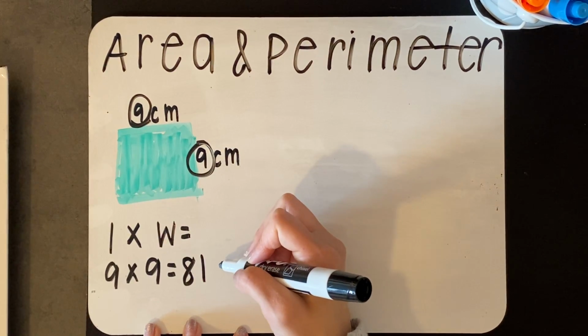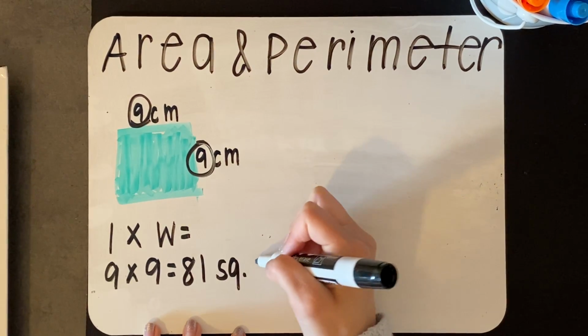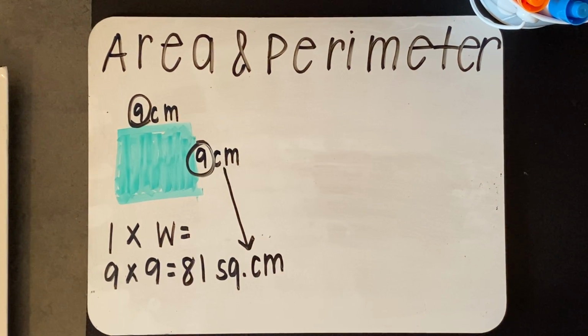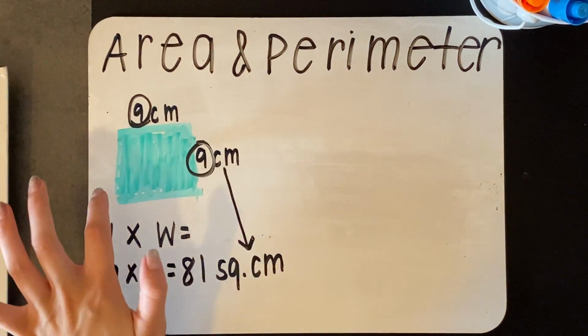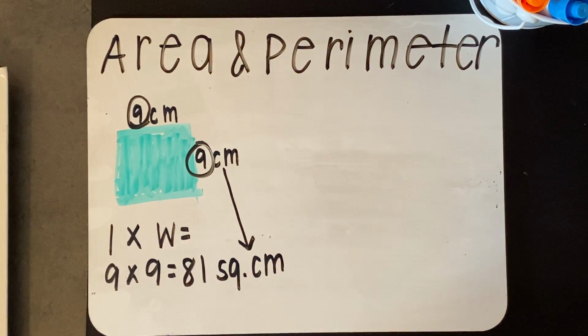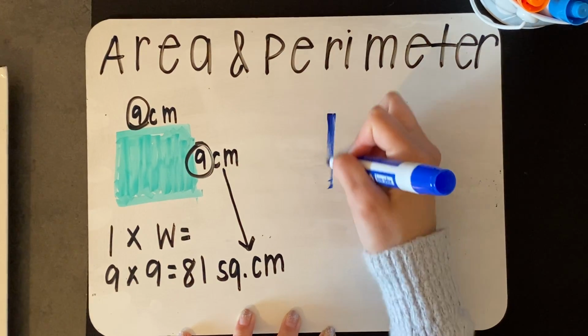The abbreviation for square is SQ, and then our unit would come right from the problem. It would be centimeters. So the area of this square is 81 square centimeters, and we found that by multiplying length times width. If we wanted to take the same exact shape, I'm just going to redraw the same square.